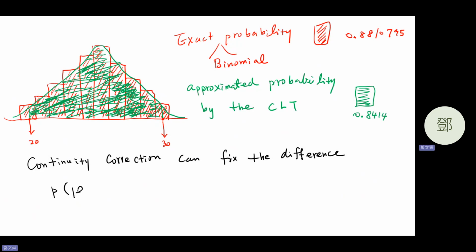If we move half a step to the left of 20, it is 19.5, and it is 30.5 here. So the rest remains the same. Minus.